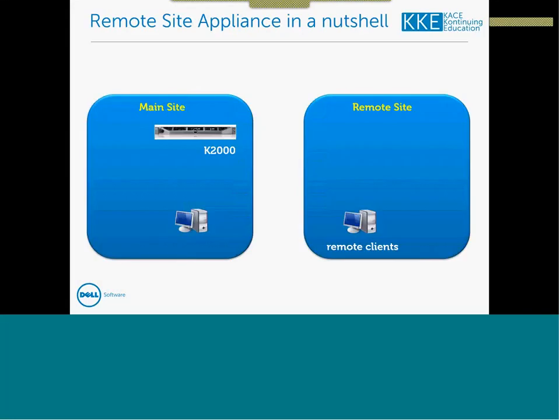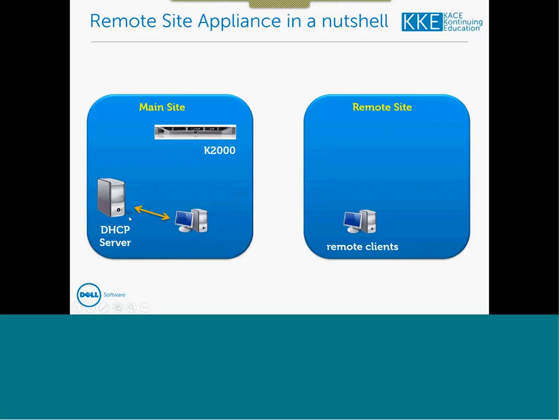The K2000 is slightly different because we have one main requirement, which is the DHCP and PXE boot feature. So on the main site with the K2000, we have our DHCP and our server.